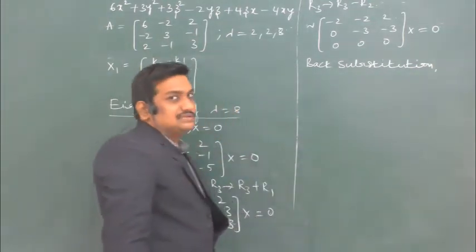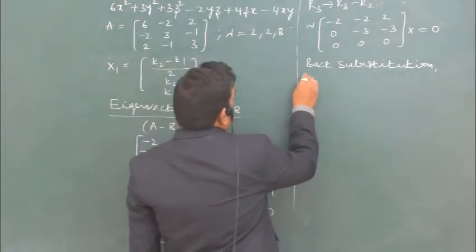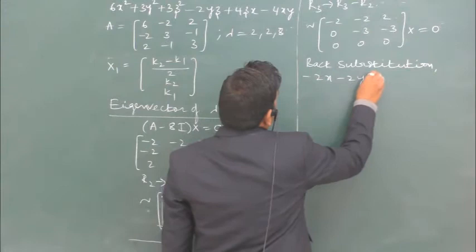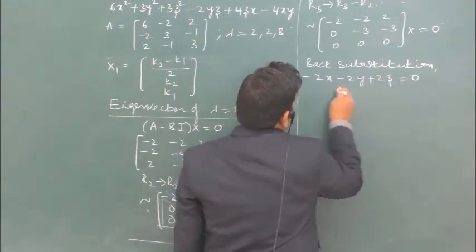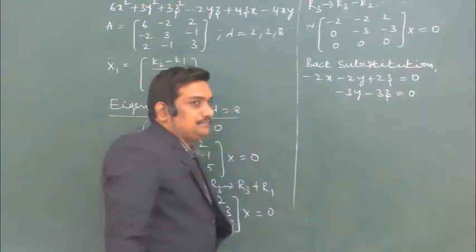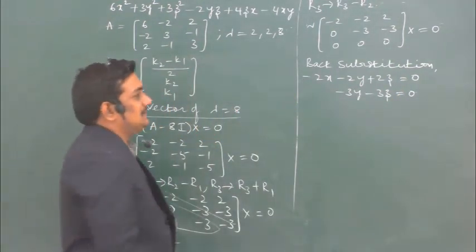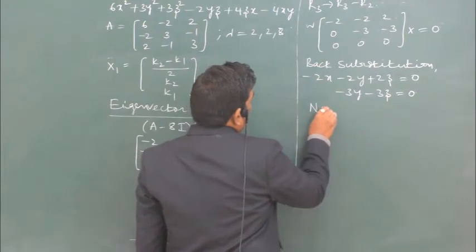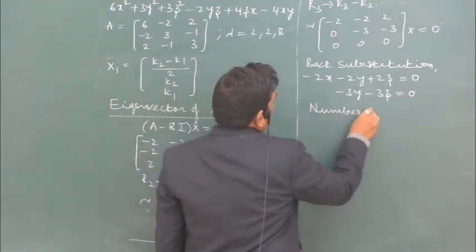By back substitution, the system of equations is minus 2x minus 2y plus 2z equals 0 and minus 3y minus 3z equals 0. Now let us consider a difference. It is the number of unknowns minus rank.